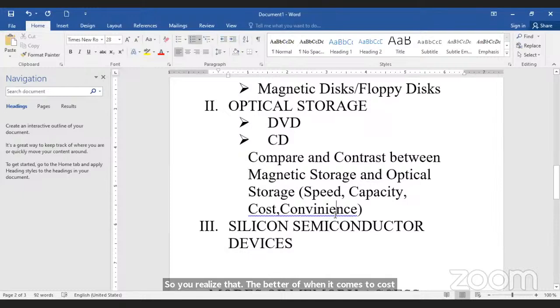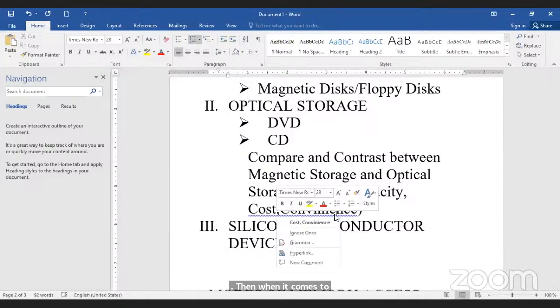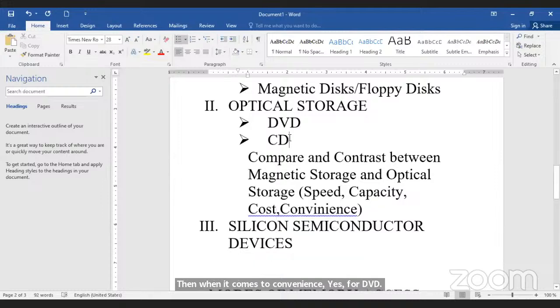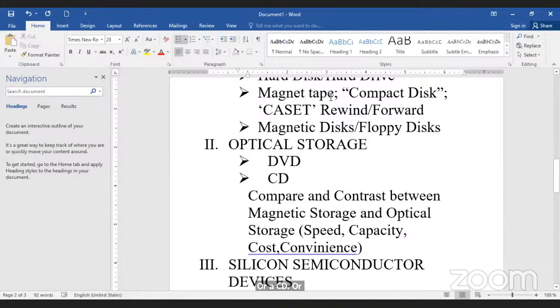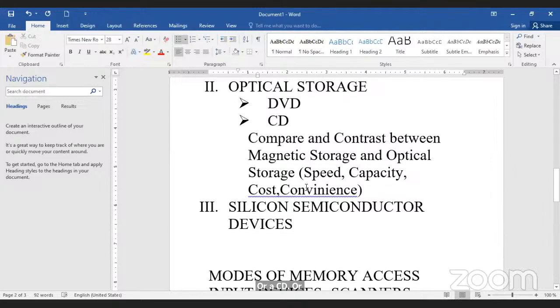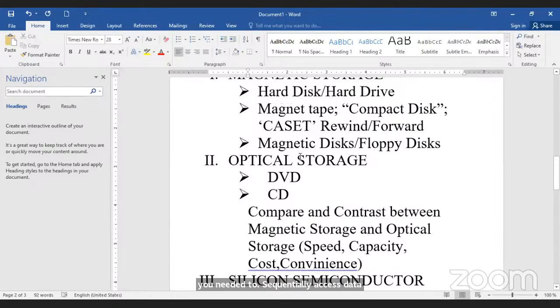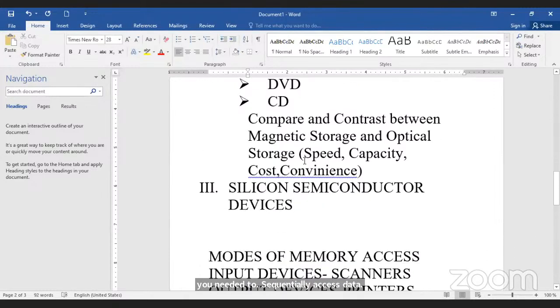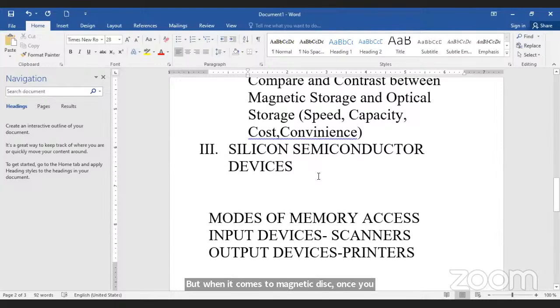Then when it comes to convenience, for a DVD or a CD, or rather magnetic tape, you need to browse. You need to sequentially access data. But with a magnetic disk, once you have plugged it into the computer, you don't need to access data sequentially.